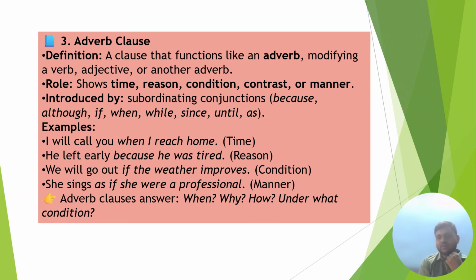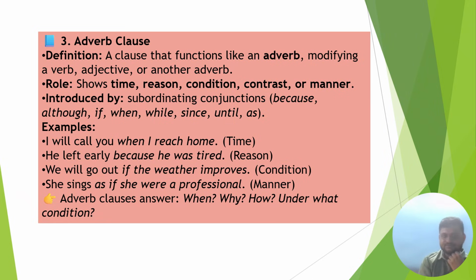If we find all these words in a sentence, then there is a great probability that the clause is an adverb clause. They may not be in the initial part of the sentence, but if they are present in the sentence, then there is a high possibility that it is an adverb clause.